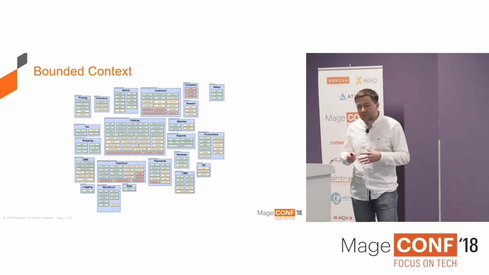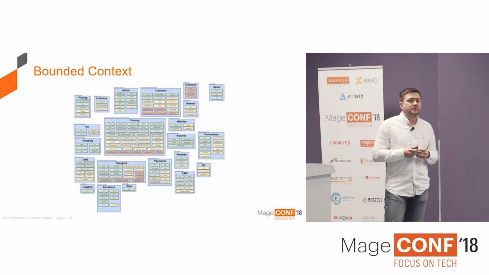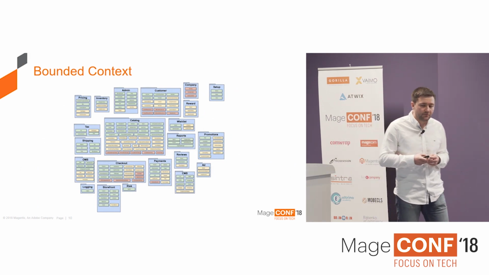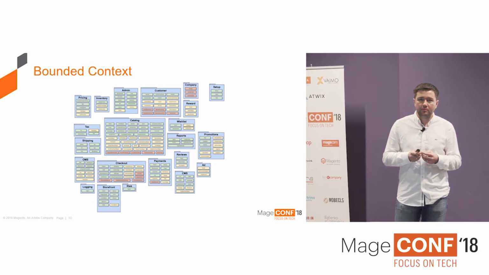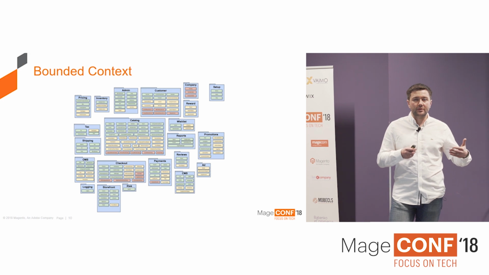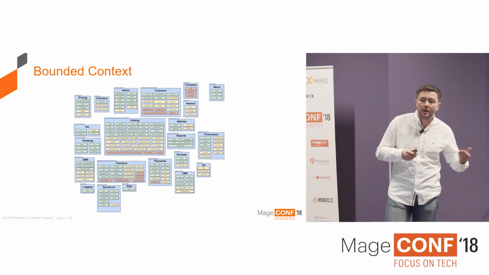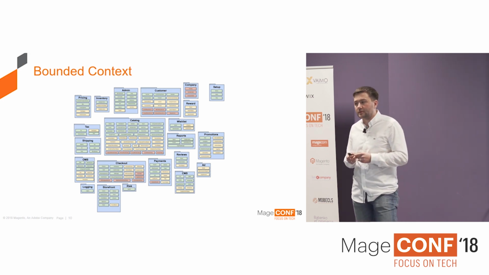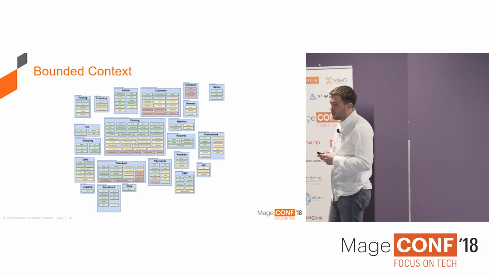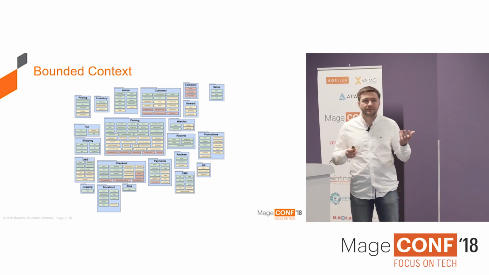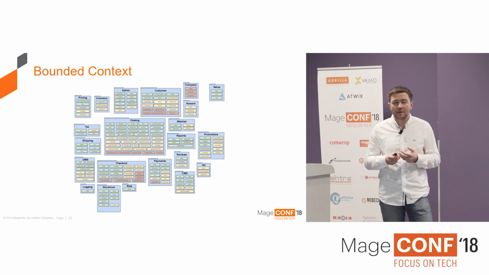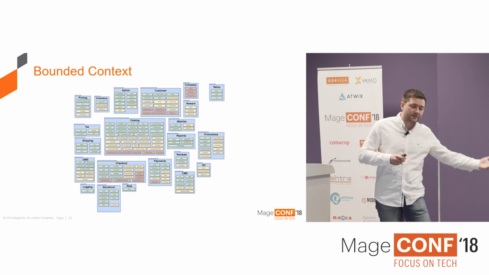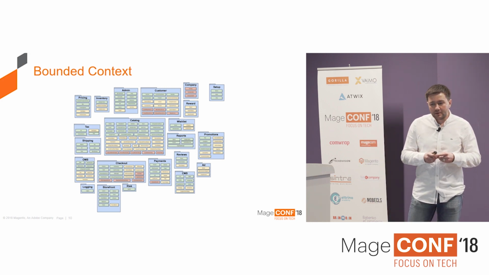And when we're talking about the bounded context, people are usually a little bit frustrated about what exactly we mean. Many people start thinking that a module is a bounded context. But this is wrong, because we have quite a lot of wrong dependencies as a result of our legacy code.